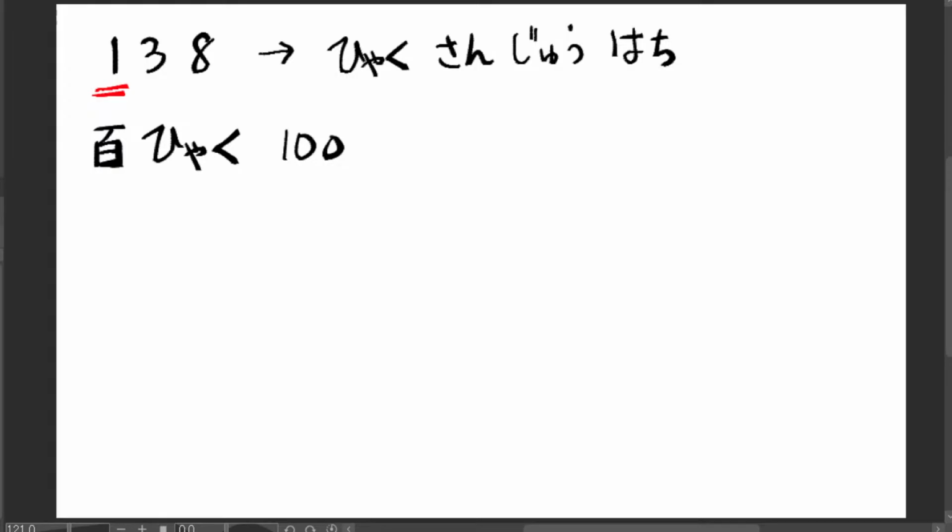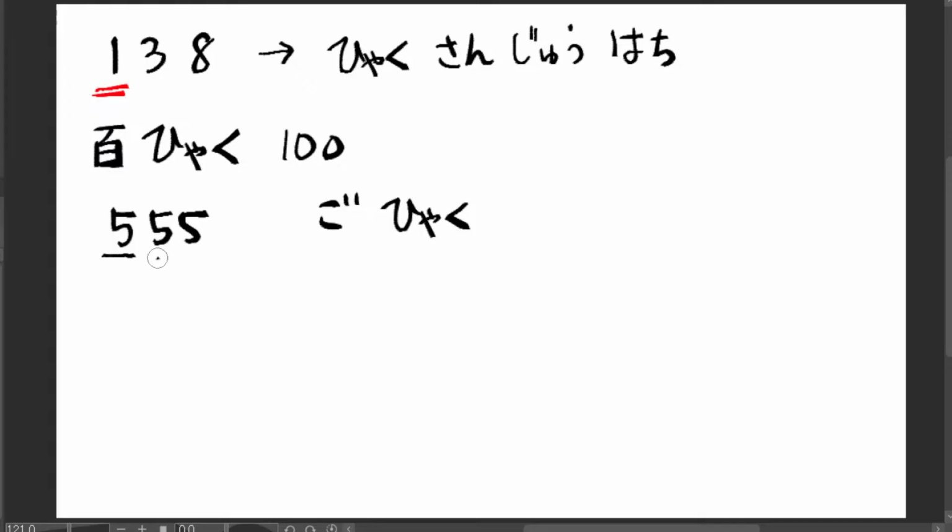Okay, if the number is 555, for example, you have to put 5 before the hyaku. So you put go for number 5, and then you put 100. Go hyaku.